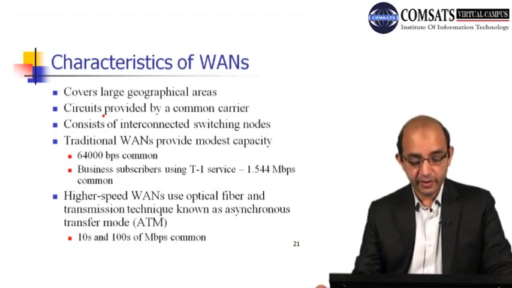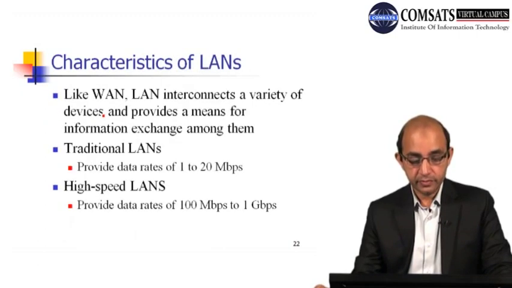And then we can also have high-speed WANs. As I have mentioned, we can use fiber optics, and the technique which is used in order to have high-speed communication is ATM, asynchronous transfer mode.